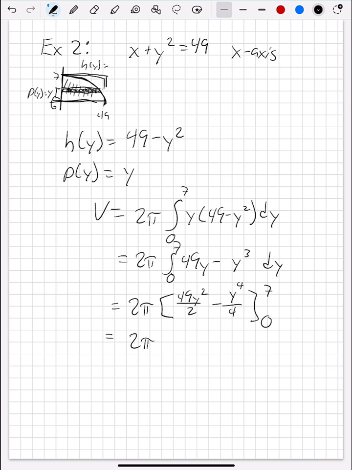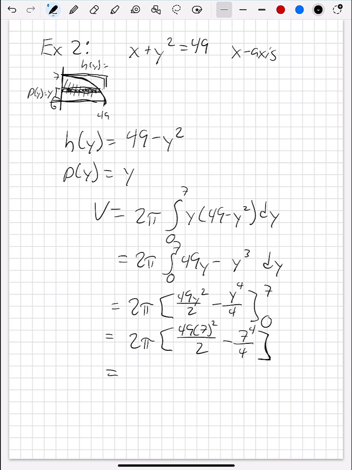So I'm left with 2 pi times 49 times 7 squared over 2 minus 7 to the 4th over 4. I believe that comes out to, oh, no, excuse me, I've got the wrong answer here because my notes were wrong. So let me type it in the calculator real quick.